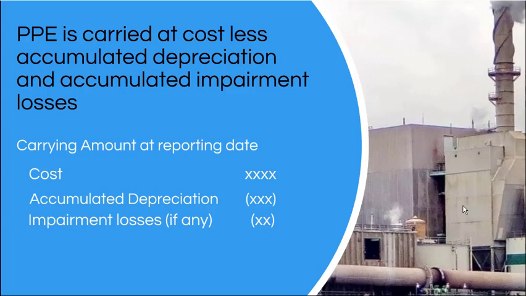For the time being, we say impairment losses are deducted from the cost, then you can find the carrying amount at the reporting date. So this is the value at which PPE is reported in the financial statements as the carrying amount.